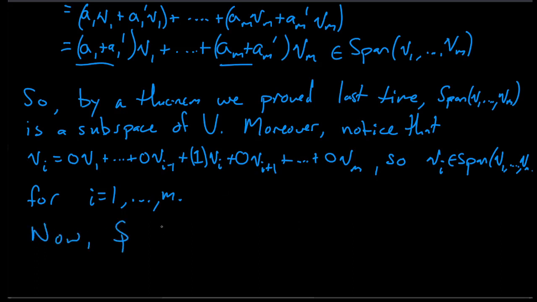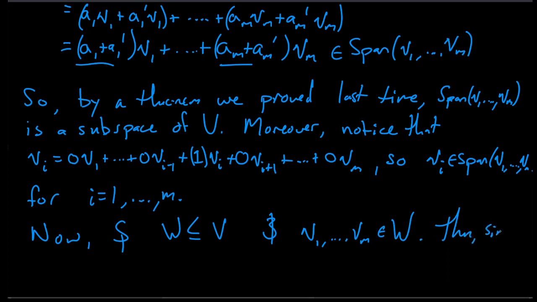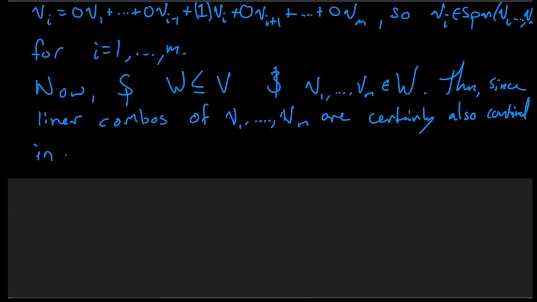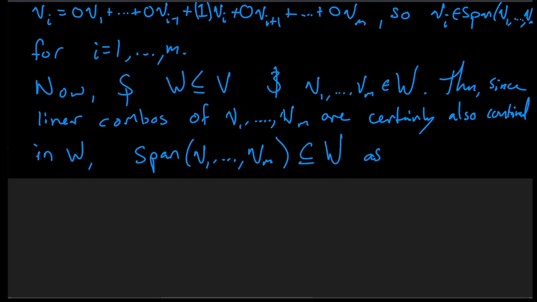Now, suppose W is a subspace of V, and v1 all the way up through vm, all these guys are elements of W. Then, since linear combos of v1 all the way up through vm are certainly also contained in W, the span of v1 all the way up through vm is contained in W as well.